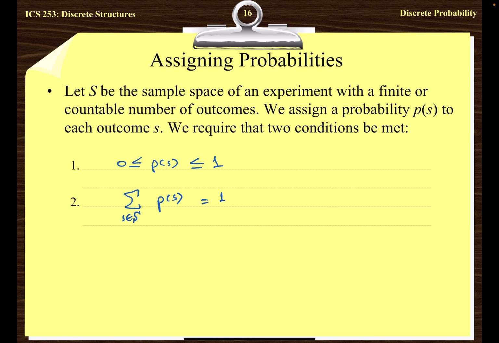And by the way, if the number of outcomes is countably infinite, it is possible to have this condition satisfied, صح? Because some infinite summations are convergent, right? So it is possible to have an infinite number of outcomes.